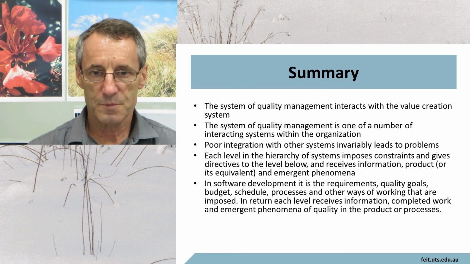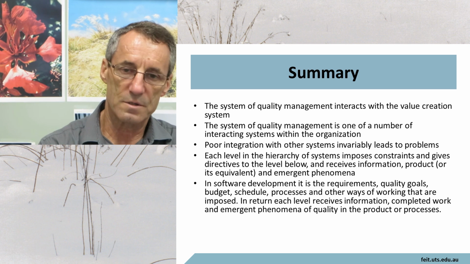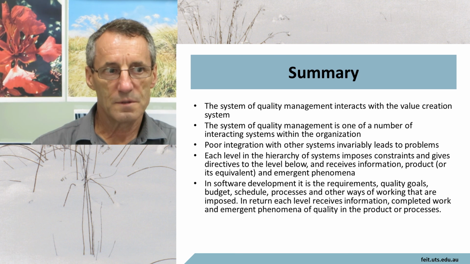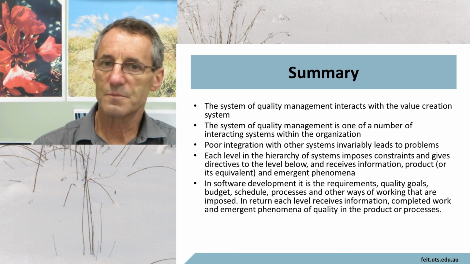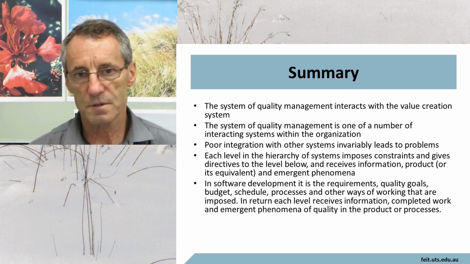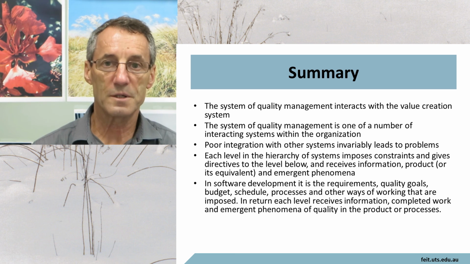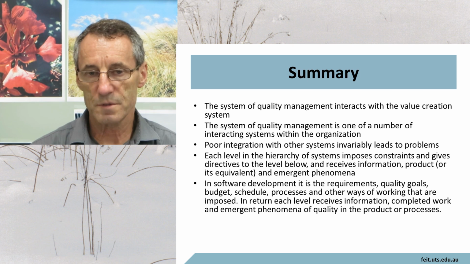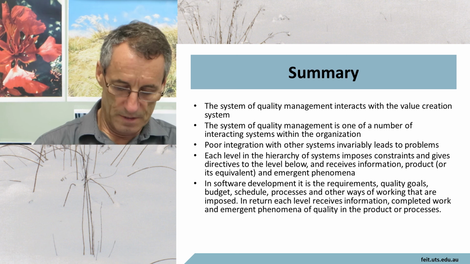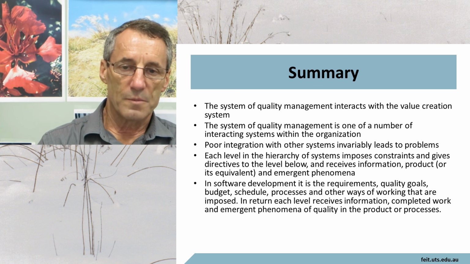Remember, we have the quality management system, the value creation system, the financial management system, the HR system, probably the policy generation system, the customer monitoring system, the sales system, possibly an inventory system, a supply system, a number of systems in an organization. The quality management system is one of those systems, and it has to interact with all the other systems as well. Poor integration with these other systems usually will lead to problems.